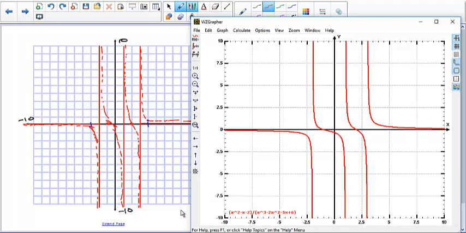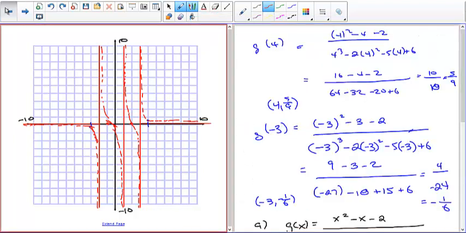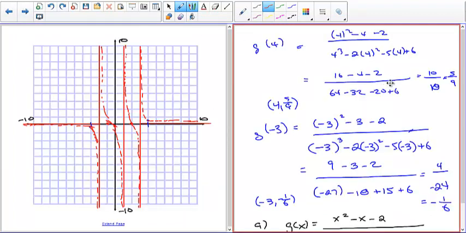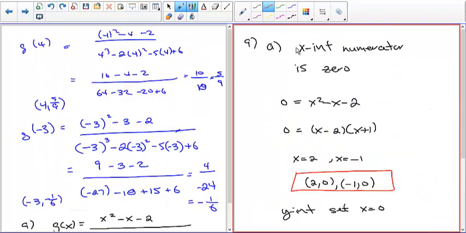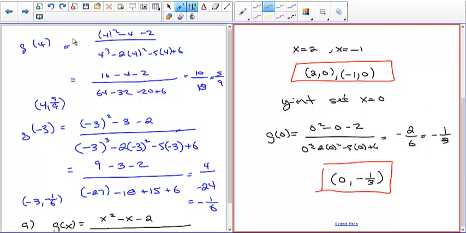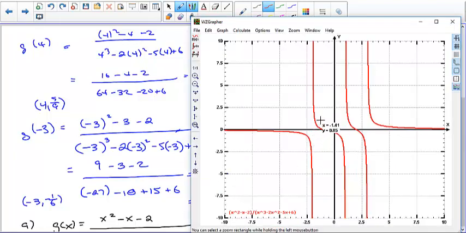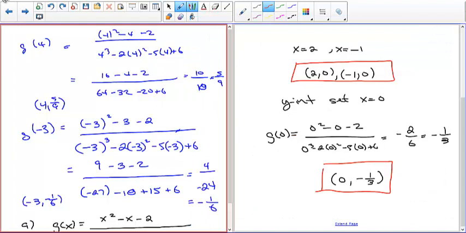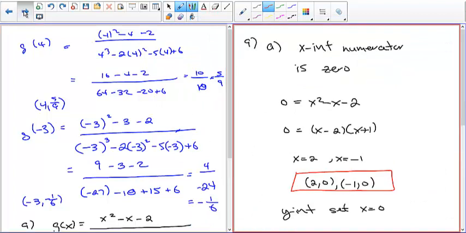The y-intercept was somewhere here. Y-intercept -1/3. So is that what we got here? If we zoom in to right here, you see it's negative about 0.333. Yep. Okay, so that's that problem.